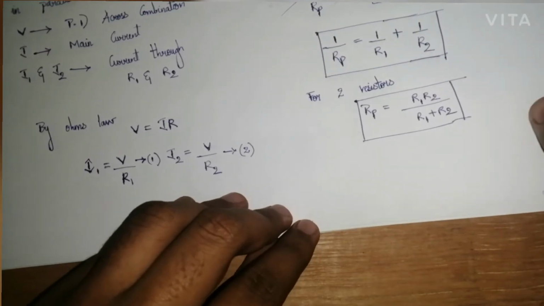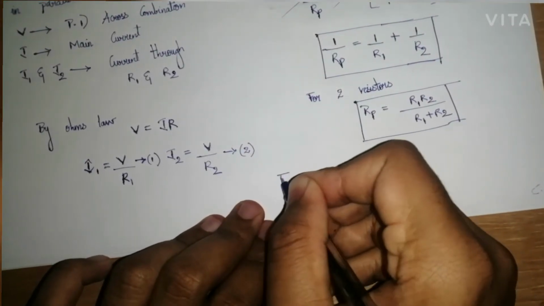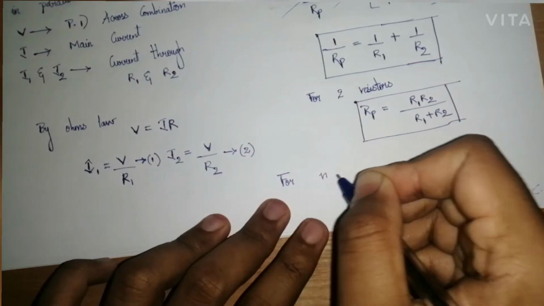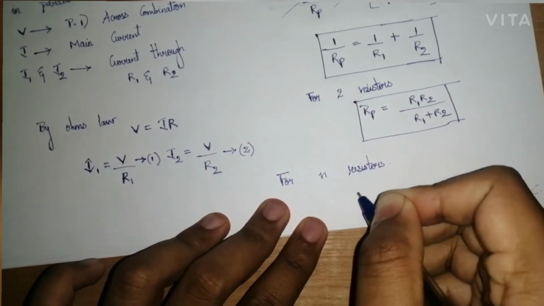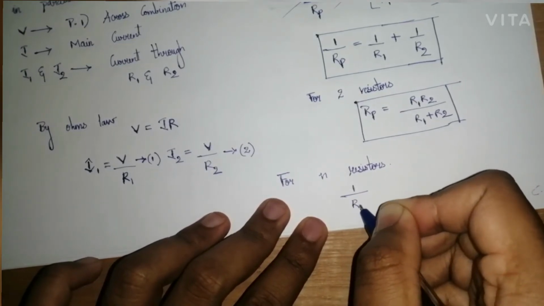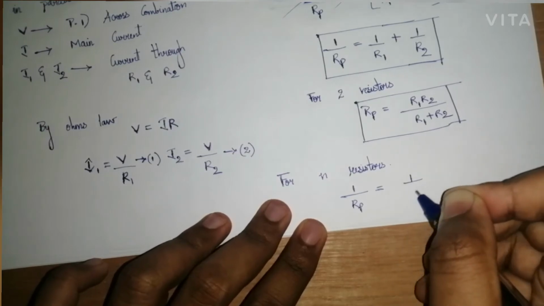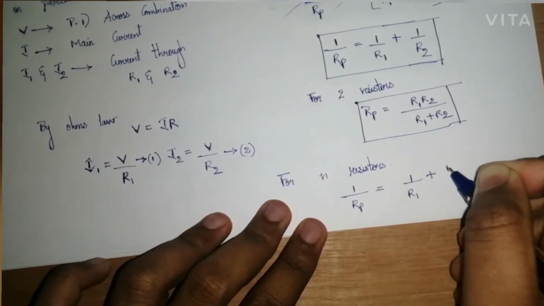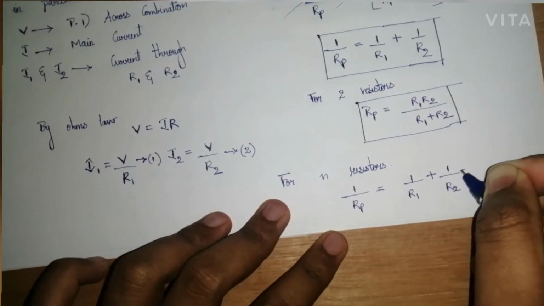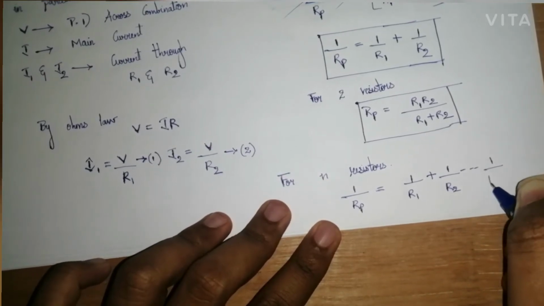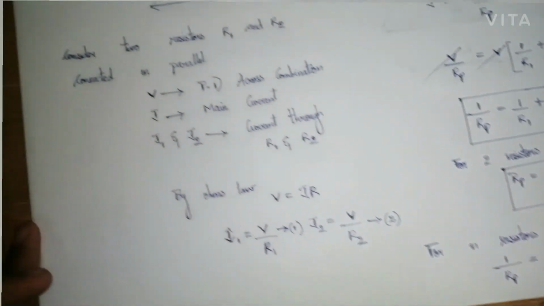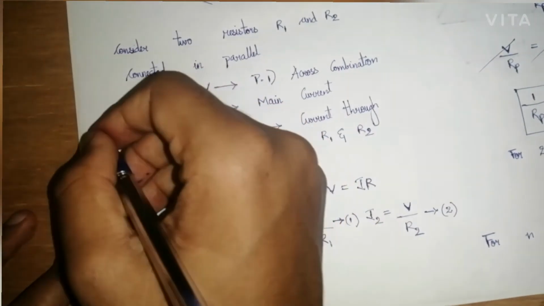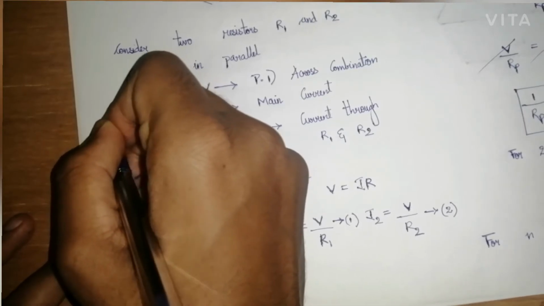So for n resistors, you'll have 1 over Rp is equal to 1 over R1 plus 1 over R2 goes on till 1 over Rn. This is the important concept for n number of resistances, and I have a few notes for you. I'll be writing over here. This will be helpful for your competitive exams.